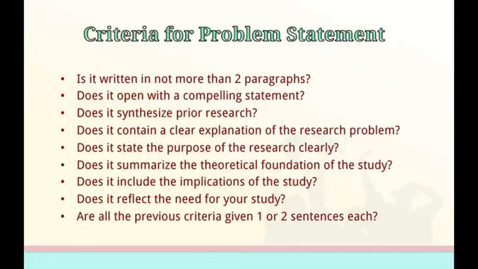That means that you need some criteria to do that, and this is the criteria that we at DoctoralNet offer you to use. Once you have written your problem statement, you put it in front of you and ask, is it reading in not more than 2 paragraphs? If yes, you assign 1 point. If no, you assign 0.